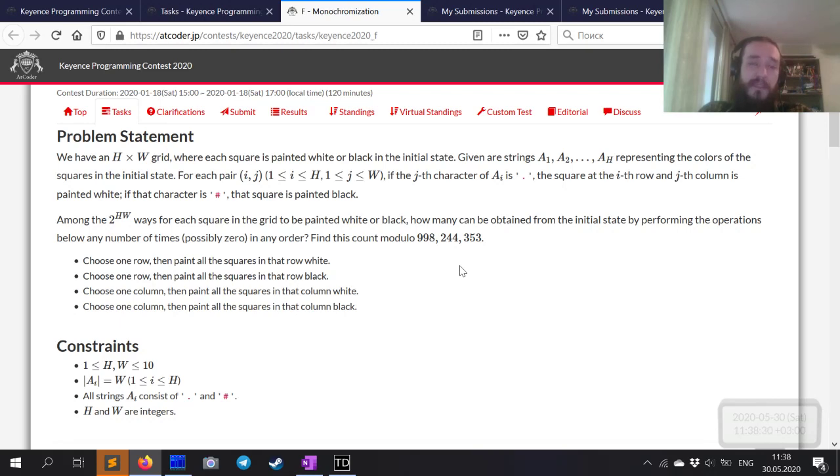Okay, so we have the grid again, and again all squares are painted white and black. Okay, so we know the paintings, we know the colors. Maybe not. Do we know? Oh, okay, so we have some operations too.